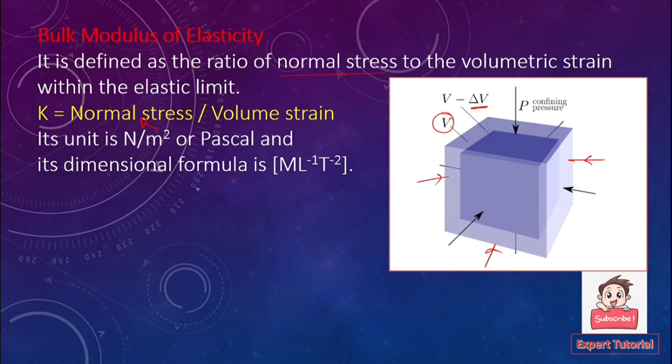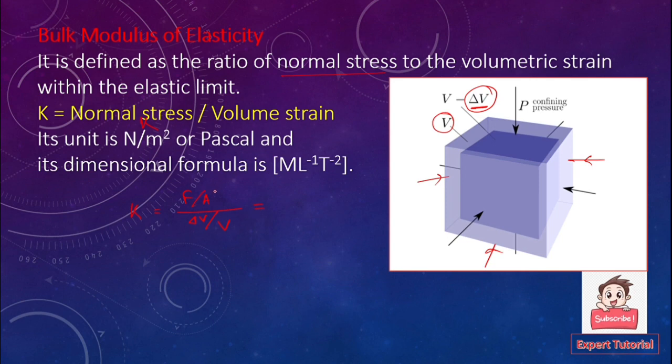So this bulk modulus equals normal stress, which is force per unit area, divided by volume strain, that is its volume changes by delta V by V, the original volume.